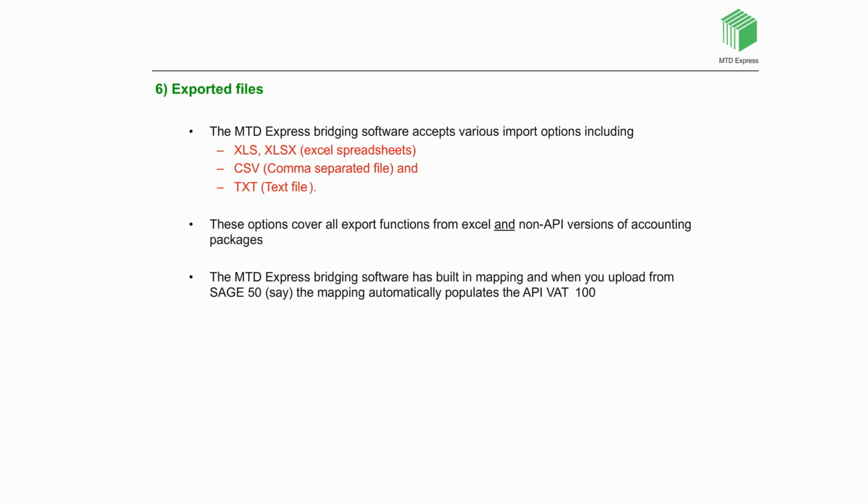Now the MTD Express bridging software has built-in mapping, and when you upload your Sage 50 desktop VAT 100, the bridging software automatically populates the API enabled VAT 100. And I've said Sage 50, but any software can be mapped so that it can be automatically populated.